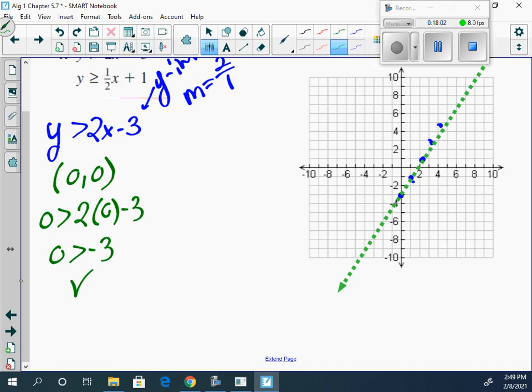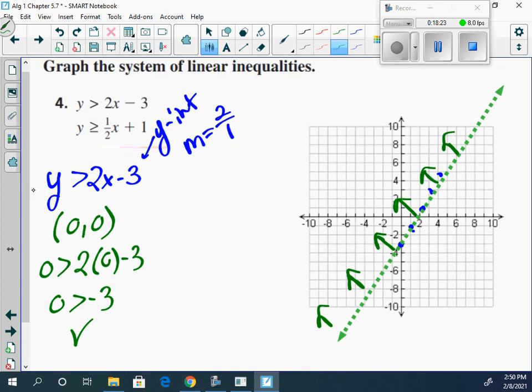Because 2 times 0 is 0, and 0 minus 3 is just -3, yes? So for this line here, we're going to shade towards the origin, because 0 is greater than -3. All right.